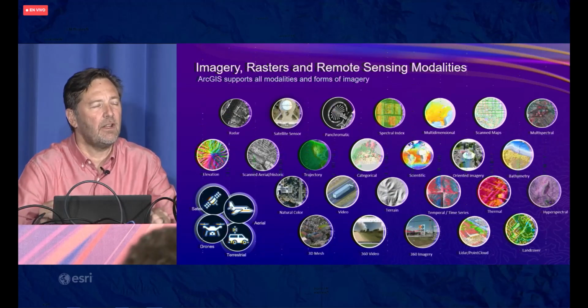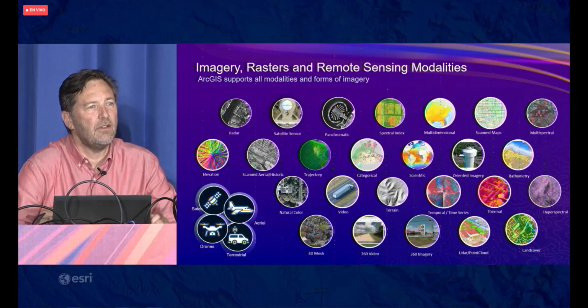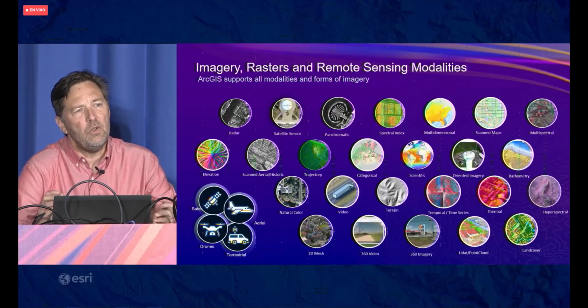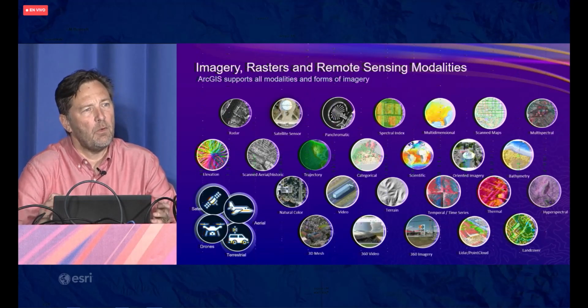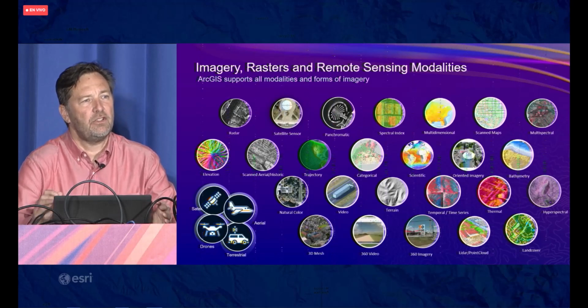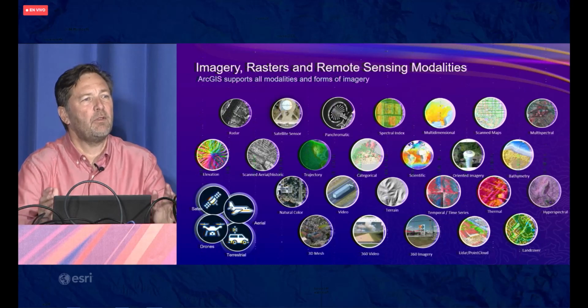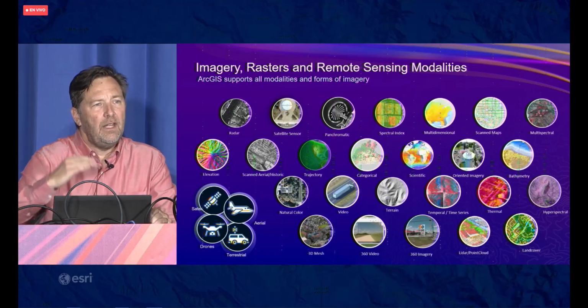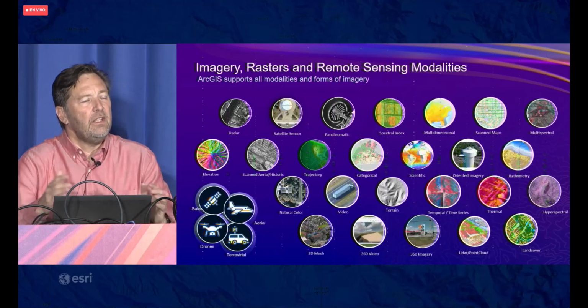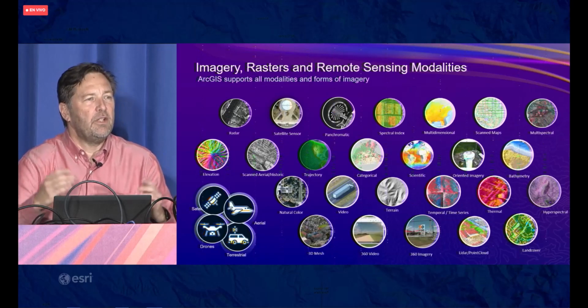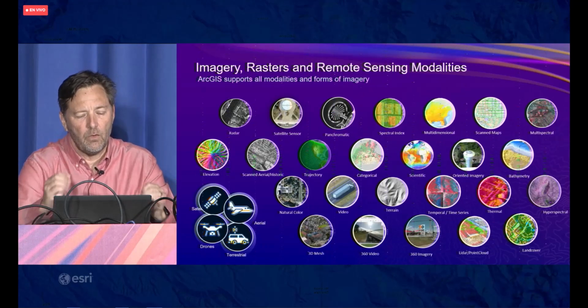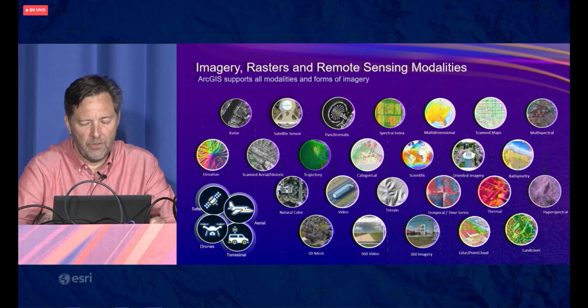There's a massive list of all the different modalities of imagery. And this is one of the unique aspects of ArcGIS and why we refer to it as being comprehensive. It's not just about supporting one type of imagery, it's about supporting all the different types of imagery that are out there. And as you work with imagery, you will see that you need to use different types. And this all comes together within a single system.